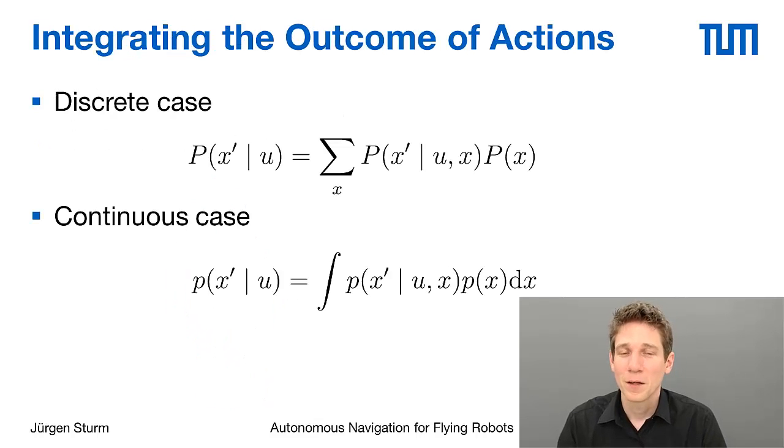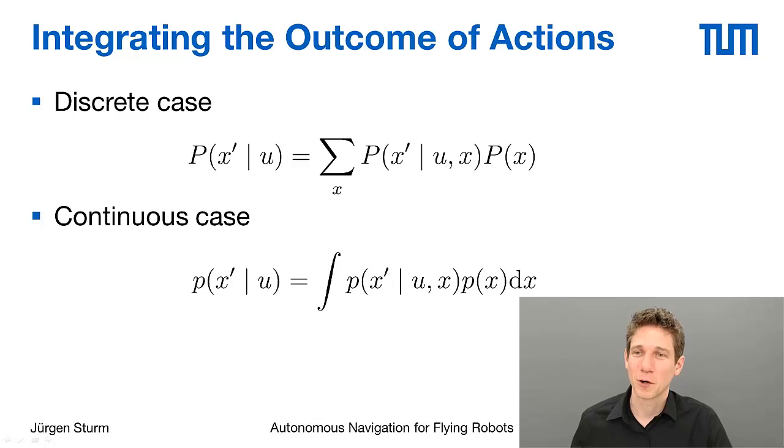Now for actually estimating the world state based on the actions that we have issued, we can use the following formula. The problem, of course, is that we want to estimate the probability of the world state given that we executed a certain command u. And we cannot read this out from the motion model directly because we don't know what the previous world state was.